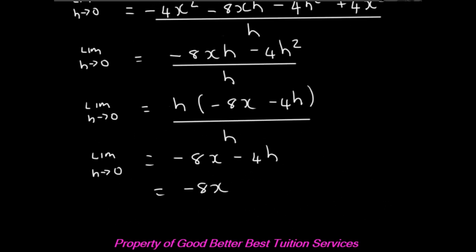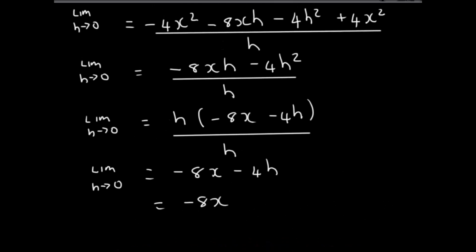Now, we simplify further and we have negative 4x squared minus 8xh minus 4h squared plus 4x squared, over h. And we simplify. Negative 4x squared plus 4x squared will cancel, and we have negative 8xh minus 4h squared.